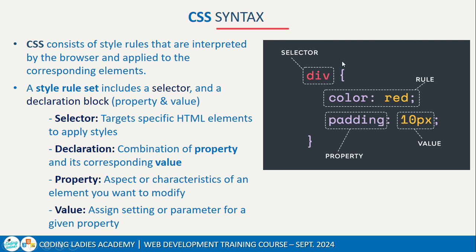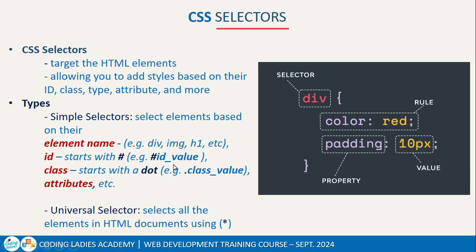Then we also have the class. You can also select the element using the class. Many elements can have the same class. If you want to apply the same styling to many elements, you can use the class.